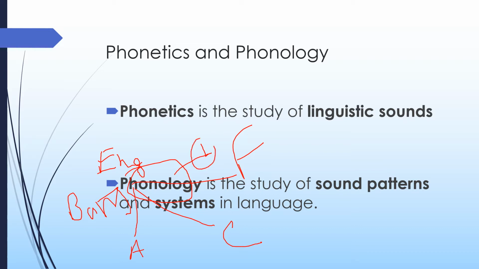It will tell you what language you are talking about, and the minimum sound of a language is referred to as a phoneme, whereas the minimum sound under phonetics is referred to as a phone. So if you hear a phone, you cannot tell which language the sound is from. But if you hear a phoneme, you can identify that the sound is from this language or that language.